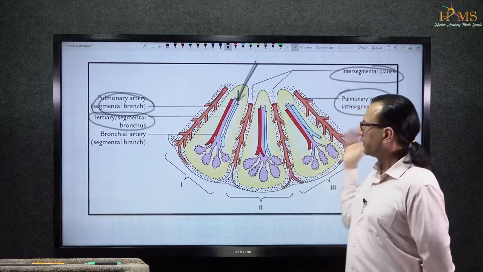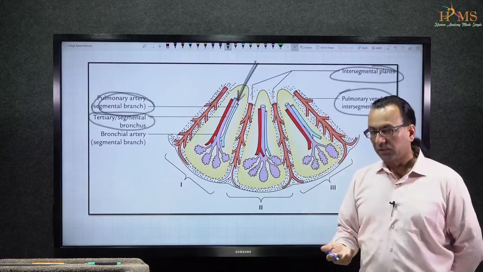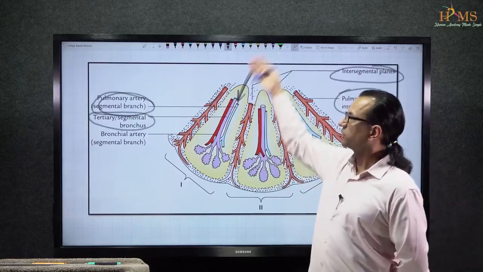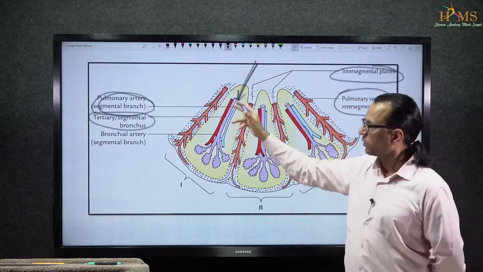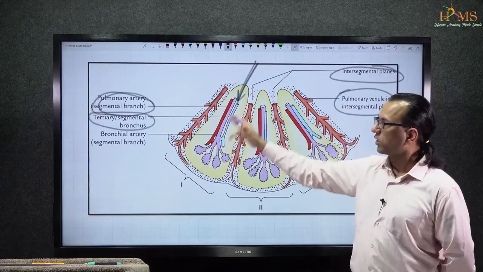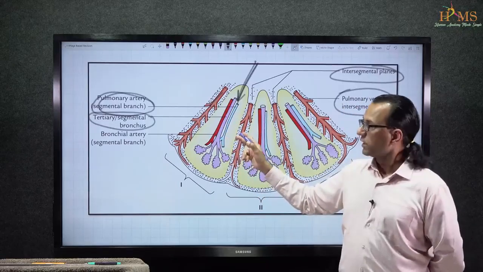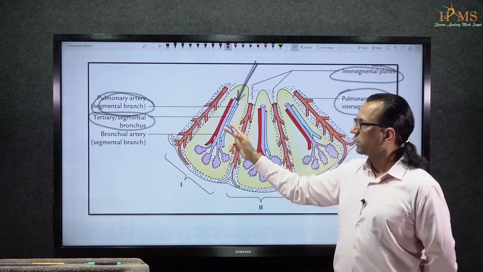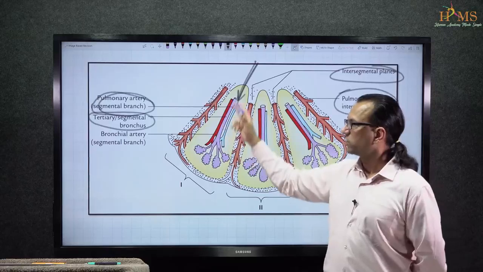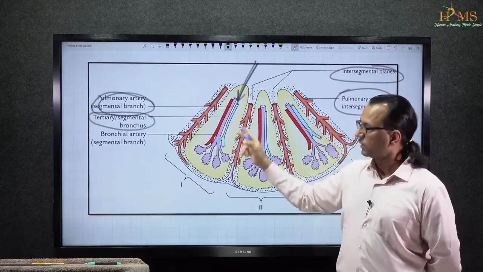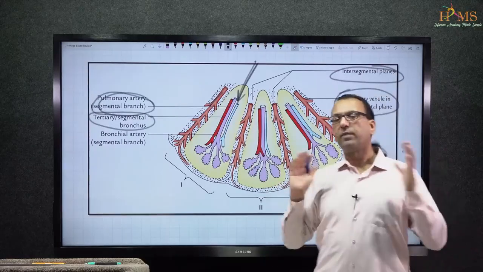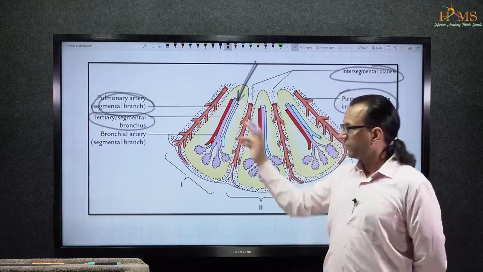Now the lung itself requires some oxygen in the proximal part of the conduction system, and that is where the bronchial artery brings the oxygen. And there are three structures inside the BPS. They are the tertiary bronchus and the pulmonary artery branch, and also the bronchial artery branch bringing the oxygen for the trachea, bronchus and bronchioles region there.